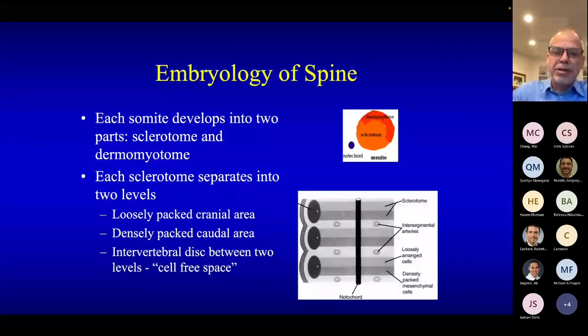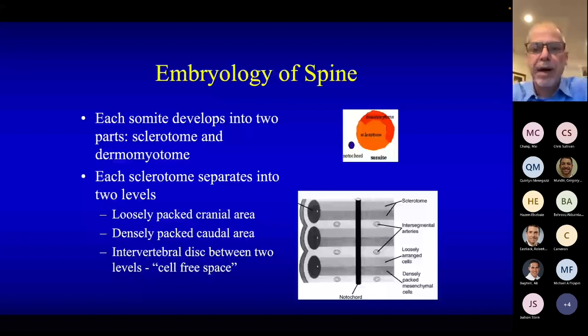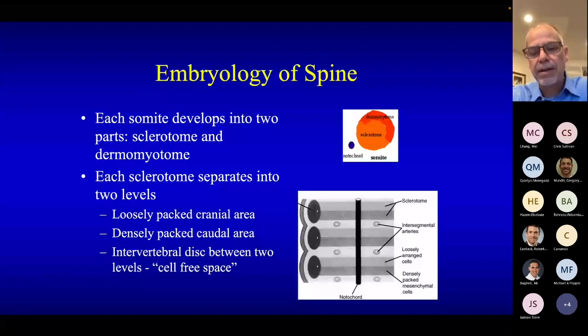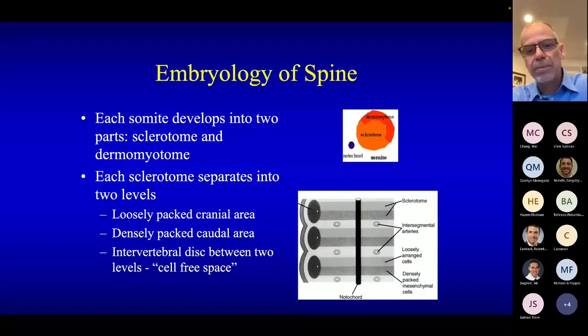In terms of thinking about the embryology of the spine, it used to be on the OITE, understanding how embryology actually leads to pathologic processes, and for spine it is probably the most well-explained model, at least that I remember.